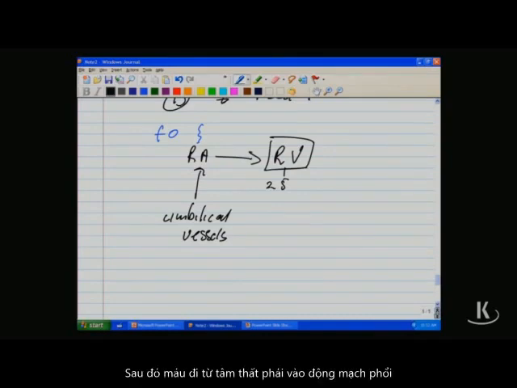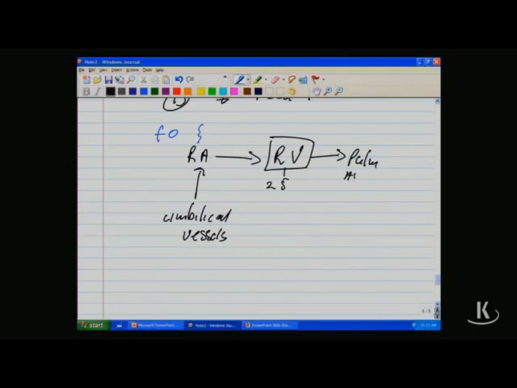Blood then goes from the right ventricle into the pulmonary artery. From the pulmonary artery, most of the flow, over 90% of the flow, will then continue via the ductus arteriosus into the aorta.